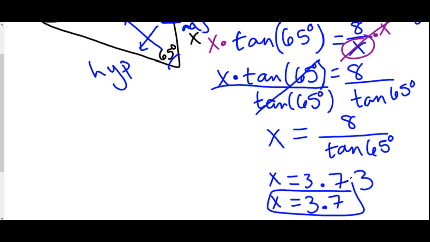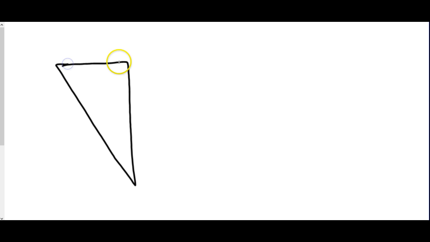So the last thing we can do is use the tangent to find an angle in a triangle. Let me restart that. We don't want the angle.